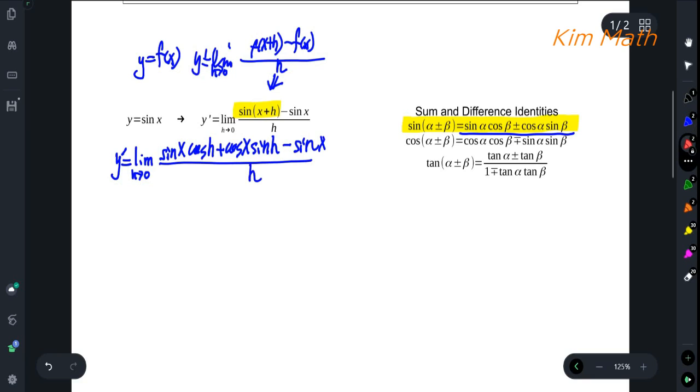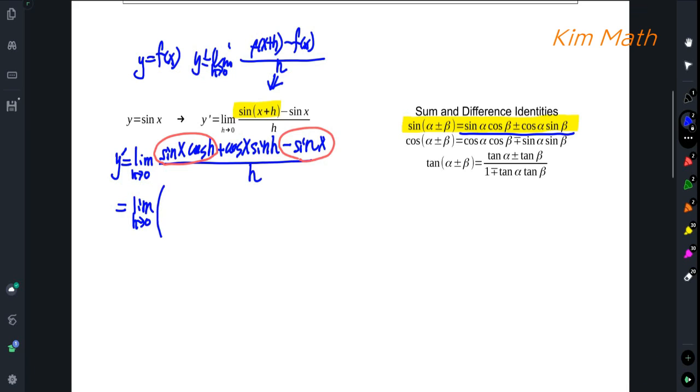In this equation, please note that the first term and the last term have the common factor sine of x. So you can combine the first and the third term together.